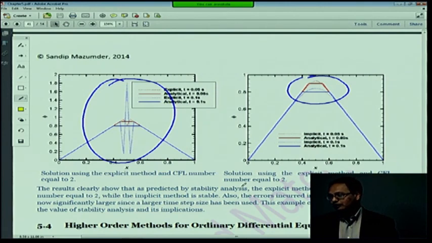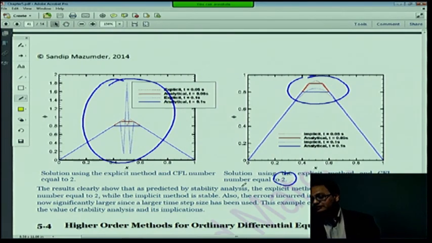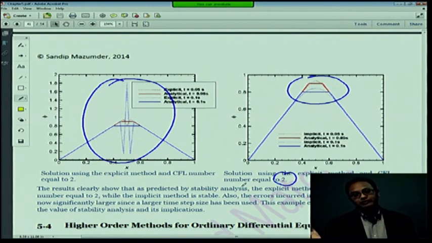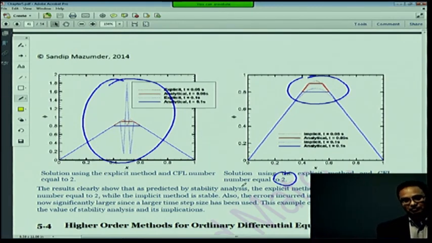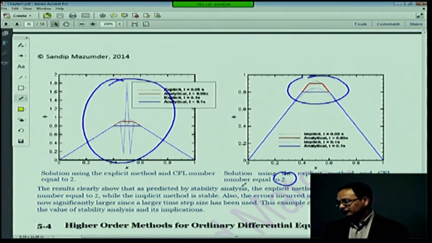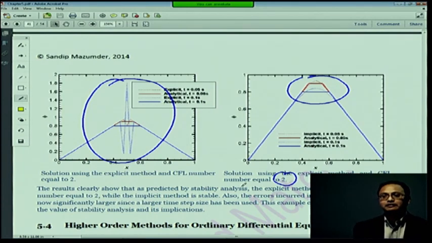But again, that has to do with the fact that I'm using large time steps, CFL equal to 2, and also I don't have a super fine mesh in the x direction. But no matter what you do, the solution will always stay bounded in this case. Accuracy is, of course, a different issue. Any questions on that?